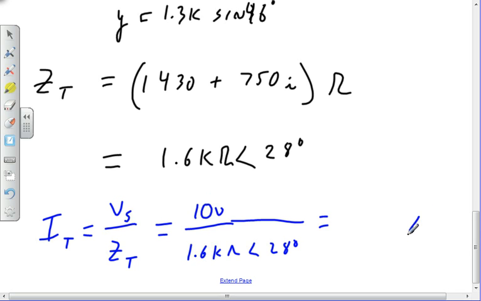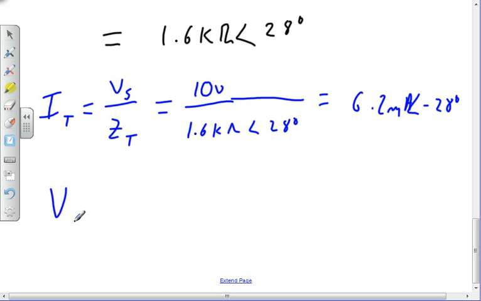My angle is going to be minus 28 degrees because it's positive in the numerator, so in the denominator it's going to be negative. All right, so it's 1 over 1.6 times 10: 6.2 milliamps angle minus 28 degrees. So that's my total current.